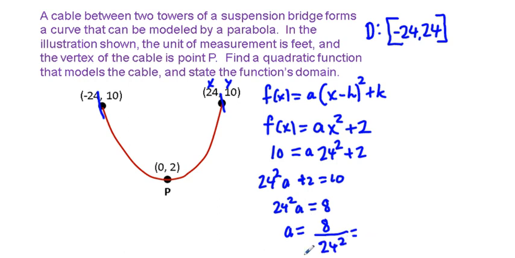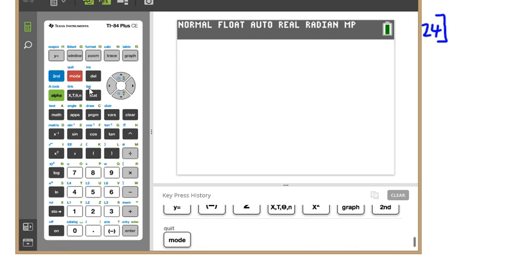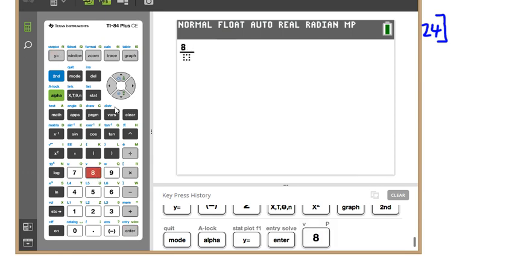And I'm going to go to our calculator, get a calculator page, second quit. Okay, 8 divided by 24 squared.